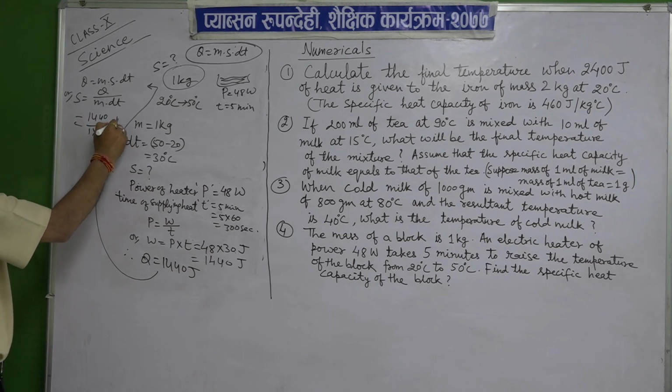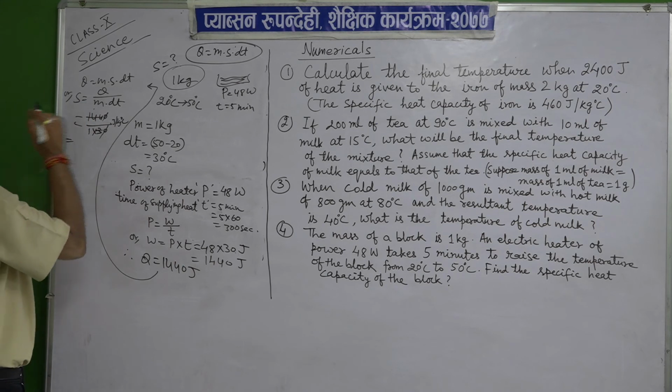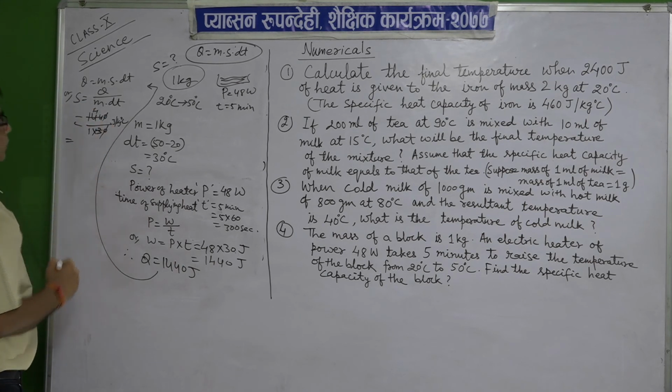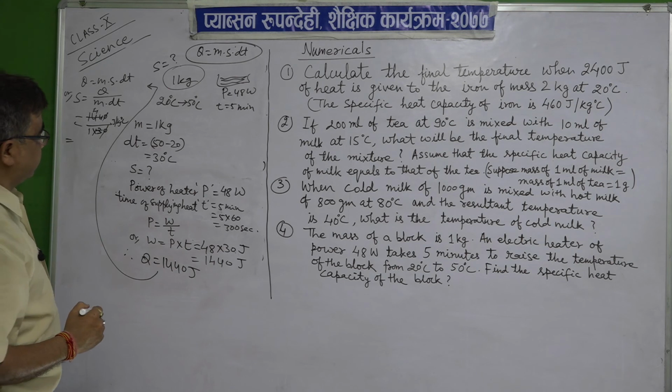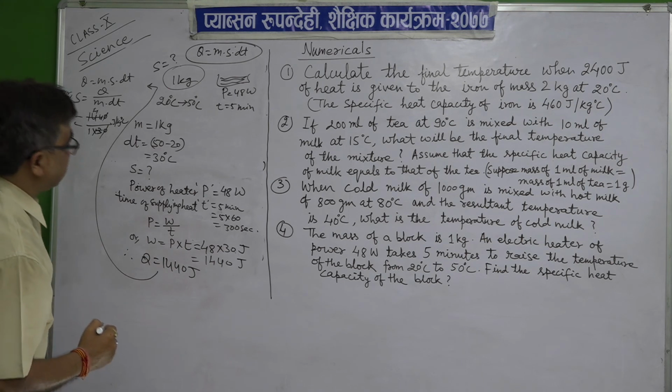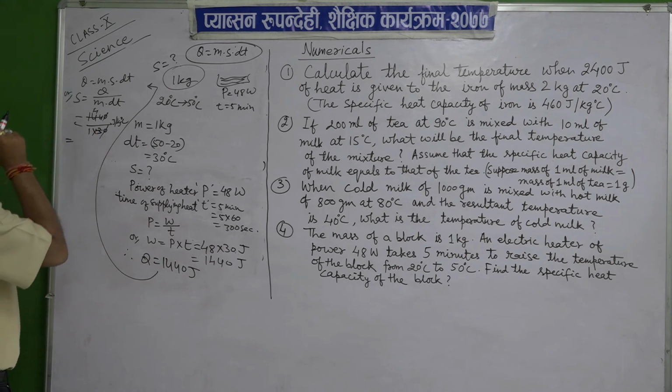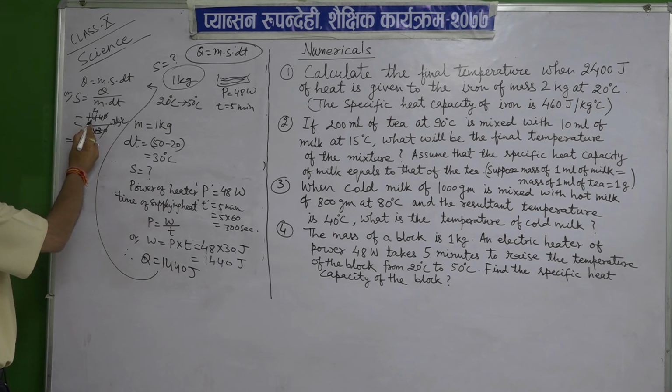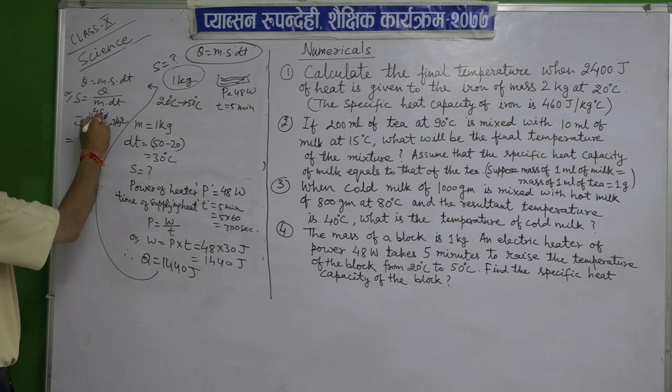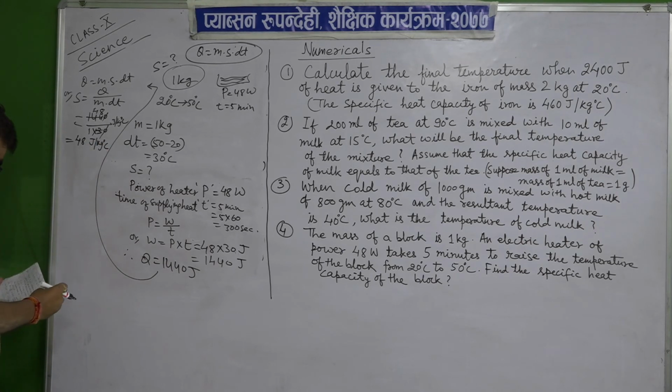Joules per kg degree centigrade, this is the SI unit of S. So it will come, 0 cancel, 3 4 12 and 24, 3 8, so 48 joules per kg degree centigrade.